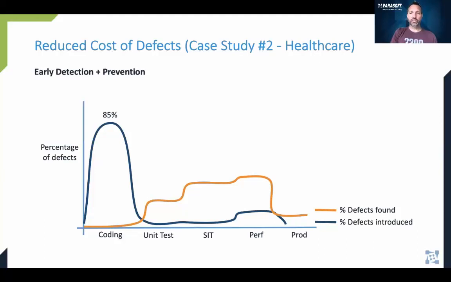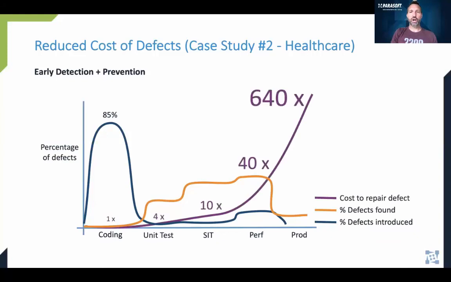And so it turns out the percentage of defects found, unfortunately, grows as you go through coding to unit testing all the way to performance and production. Production drops off some, which is good because those are super expensive to fix. So the problem with this is the cost. When we find a defect in performance testing, system testing, at that end, it's 40 times more expensive than if we'd found it during coding.